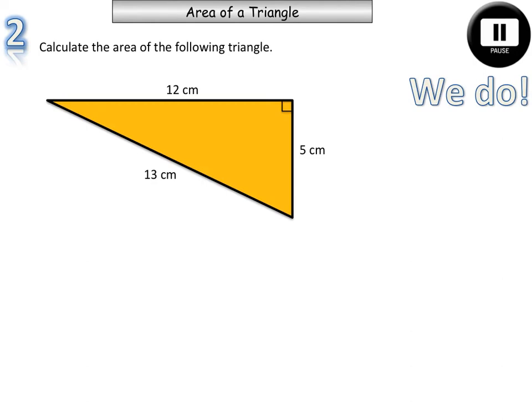Okay, just pause the video and I would like you to have a go at this. And this triangle is a little bit different to what we've seen because I've given you the diagonal, the hypotenuse. And if you remember that the area of a rectangle only needed the base and the height, or the length and the breadth, there was no need for the diagonal.